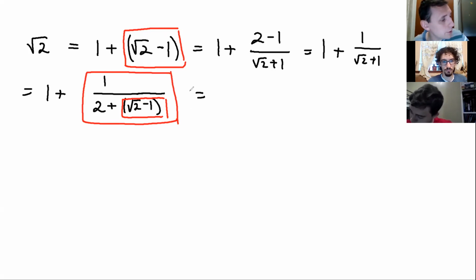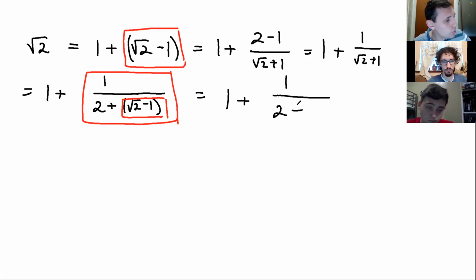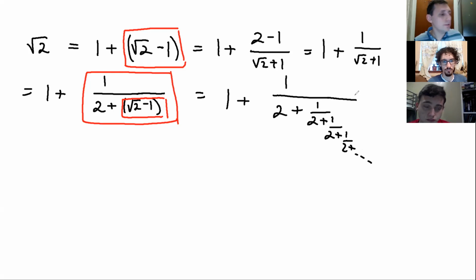So I can say now that this is 1 plus 1 over 2 plus 1 over 2 plus 1 over 2 forever. Do you understand what I do here is that I just replace this piece by the full thing.